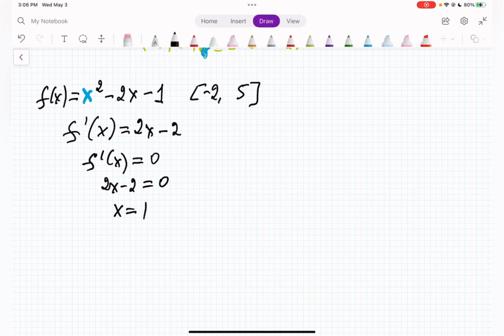Which are our critical points? It's 1, negative 2, and 5. X is equal to 1 is within the interval.